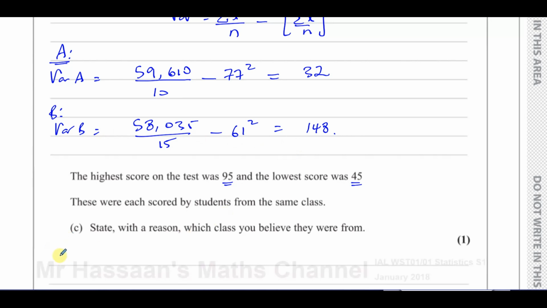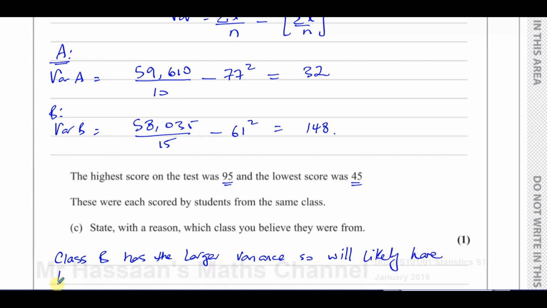So we can say that class B has the larger variance, so will likely have the greater range of scores.